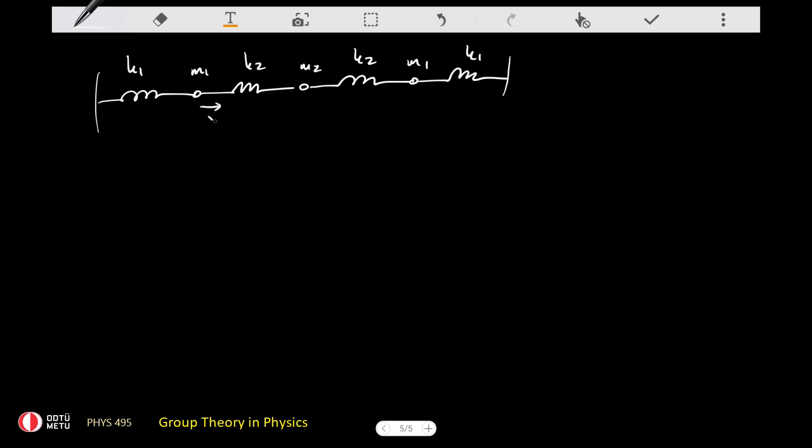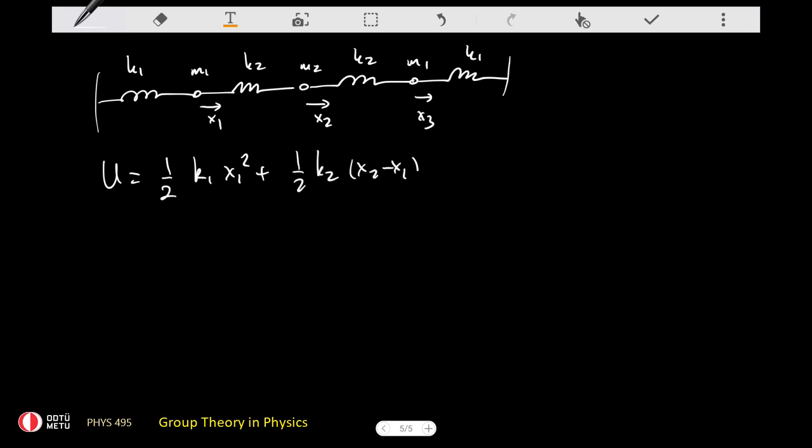As a result, if this moves with x1 displacement, x2 displacement, and x3 displacement, in that case, the potential energy is 1/2 of K1 times x1 squared plus 1/2 of K2 times (x2 minus x1) squared plus 1/2 of K2 times (x3 minus x2) squared, and then 1/2 of K1 times x3 squared.